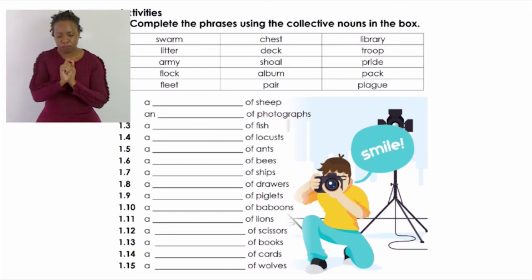For example, number 1, it says a dash of sheep. We say a flock of sheep. And dash of photographs. We say an album of photographs. So from number 3 up to the last one, you do them on your own.